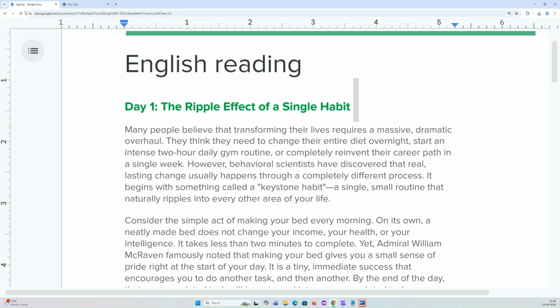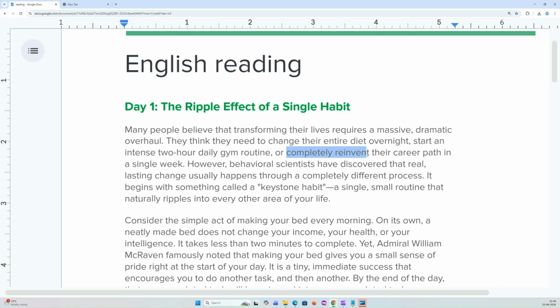Many people believe that transforming their lives requires a massive, dramatic overhaul. They think they need to change their entire diet overnight, start an intense 2 hour daily gym routine, or completely reinvent their career path in a single week.